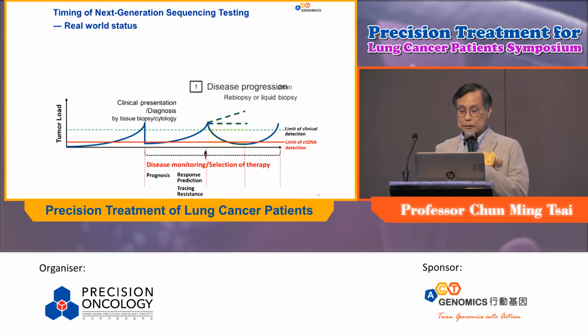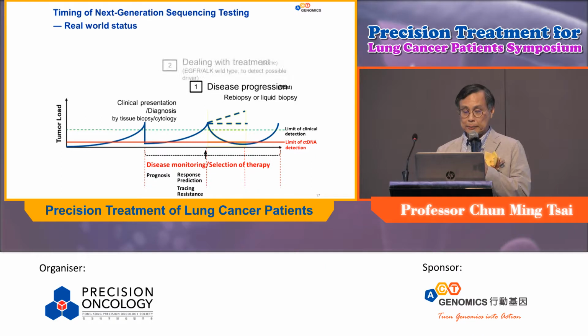Most of the tests we did were for patients who had disease progression when treated with EGFR TKI or other targeted agents, to find out the resistance mechanism and select the right drug to treat the patient when they fail the first-line treatment.